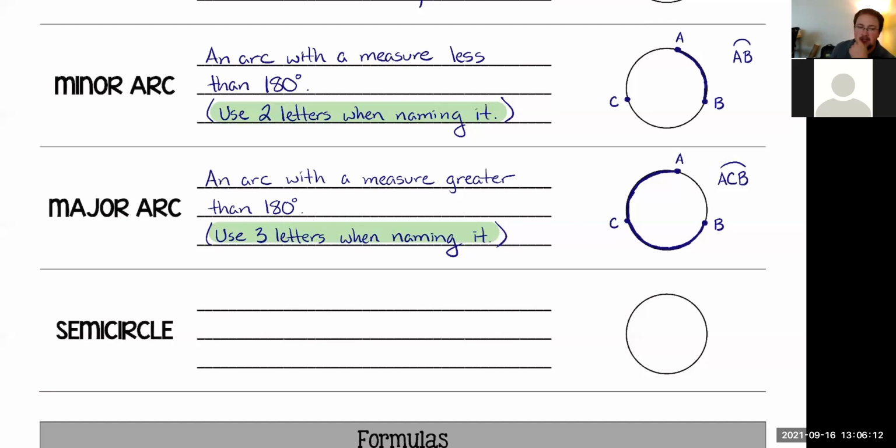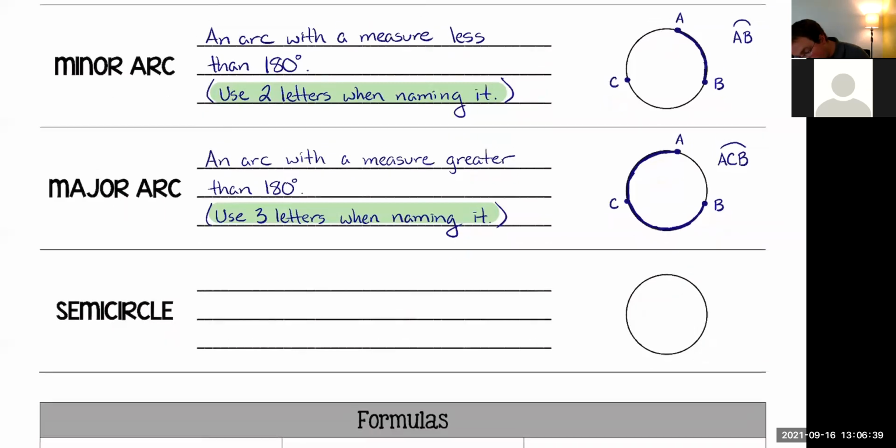Now, the last one here before we jot down a few formulas that are tied in with circles is a semicircle. And the reason why we have to cover this is because for minor arcs and major arcs, our reference was with respect to 180 degrees. A minor arc was less than 180 degrees. A major arc was more than 180 degrees. What would your guess be about a semicircle? It's exactly 180 degrees.